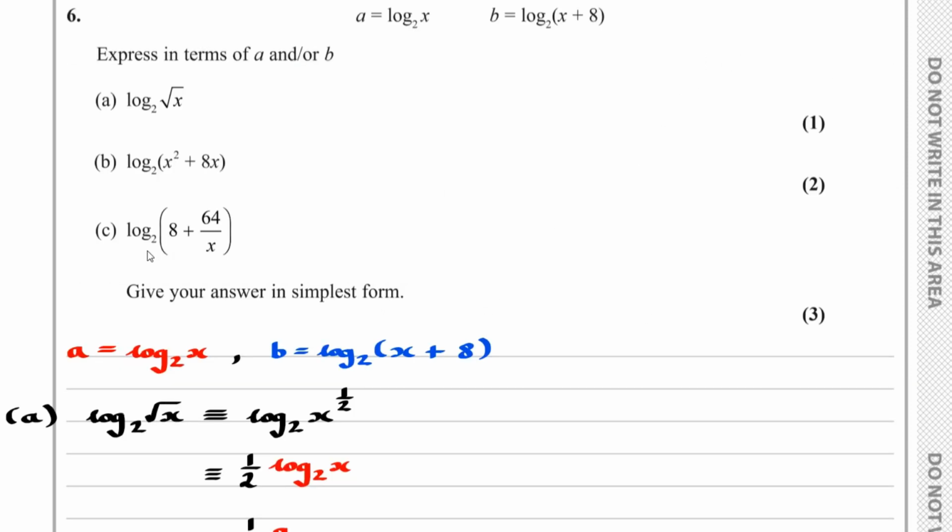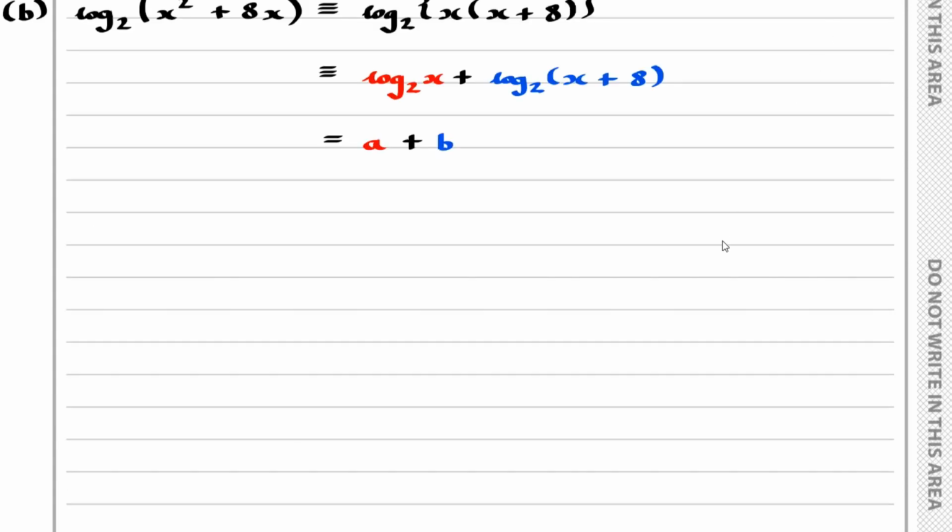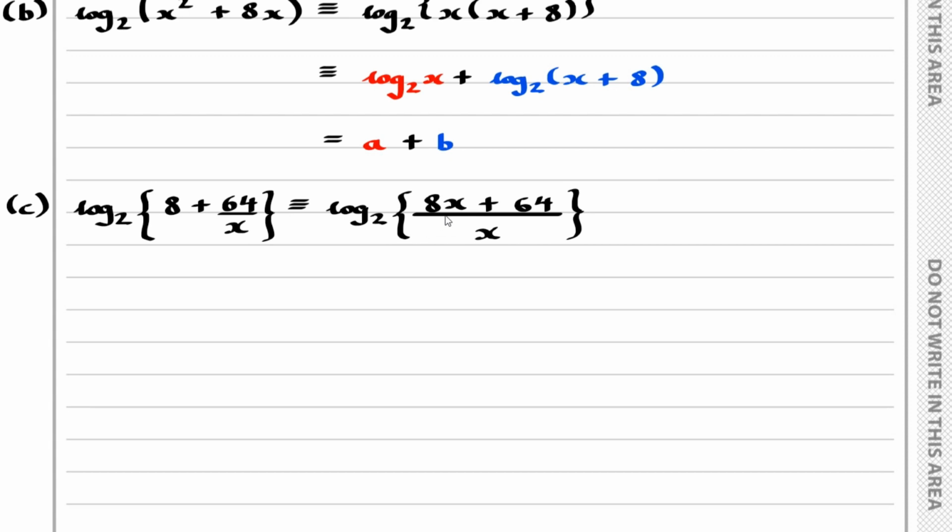Part C, we have log base 2 of 8 plus 64 over x. So for part C, we have log base 2 of 8 plus 64 over x, and what this is equivalent to is log base 2 of 8x plus 64 over x. I can factorise out an 8 from the 8x and the 64, leaving me with log base 2 of 8 multiplied by x plus 8 over x.